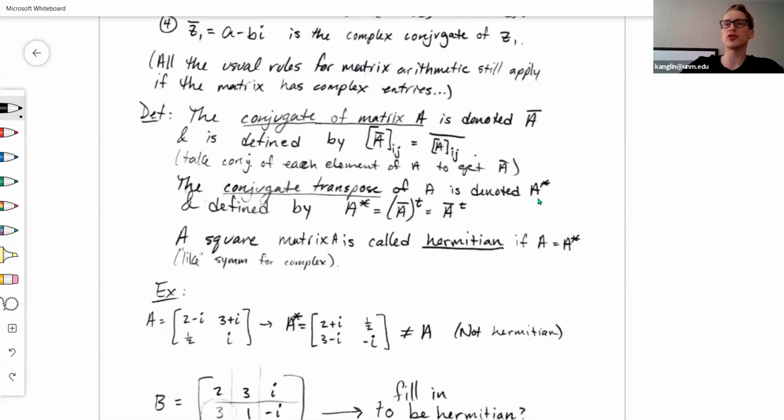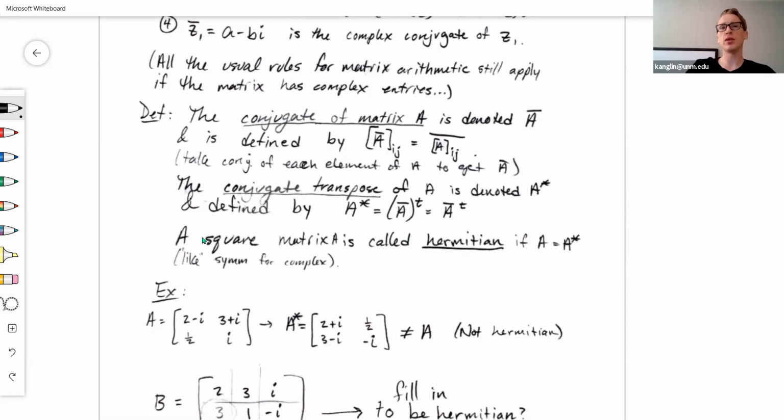And really, the conjugate transpose plays a useful role for complex matrices the same way that the transpose does for real matrices. So just like we defined a symmetric matrix, which had to do with the transpose for real matrices, it's also useful to define what we call a Hermitian matrix, very similarly with the conjugate transpose for complex matrices.